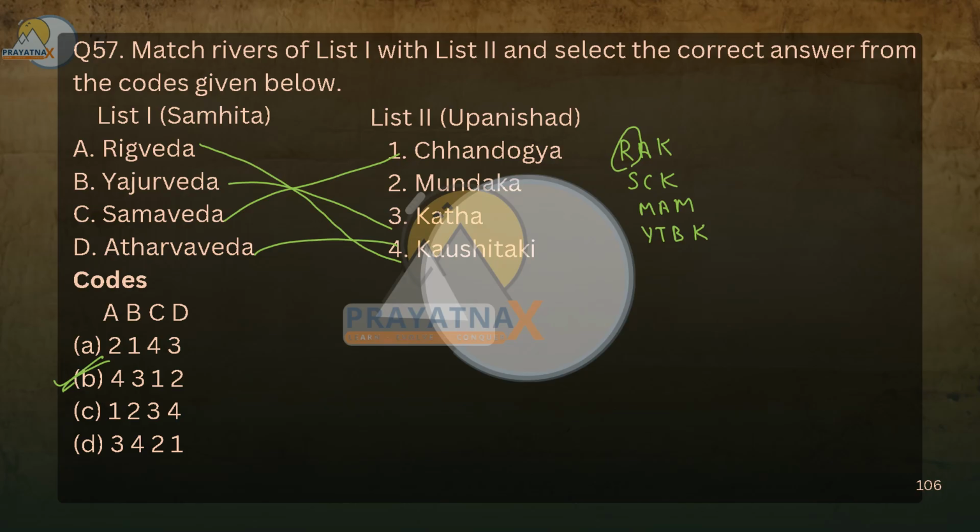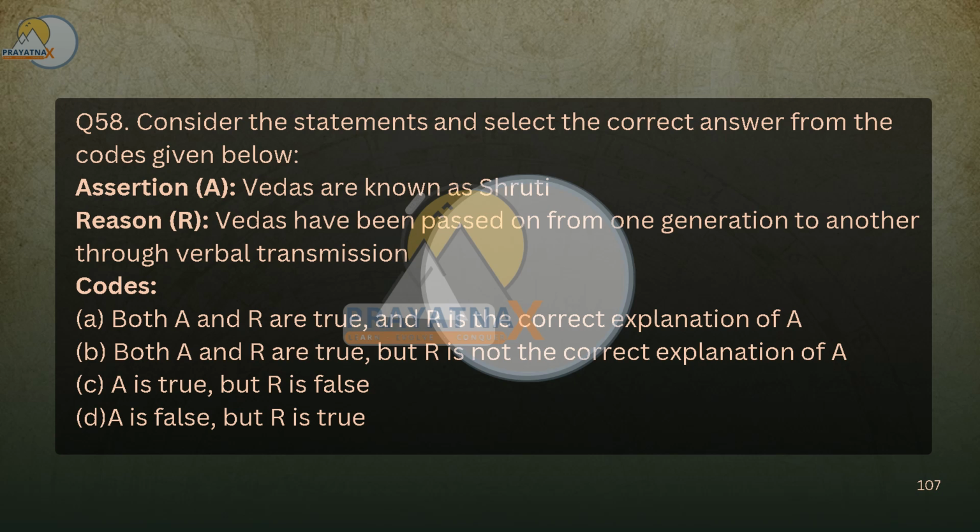Now moving on to the next question. Consider the statements and select the correct answer from the codes given below. Now it asserts that Vedas are known as Shruti, and the reason is Vedas have been passed on from one generation to the other through verbal transmission. Now it is true that Vedas are said to be passed from one generation to the next through verbal transmission, and thus it is known as Shruti or revelation. Now this is true.